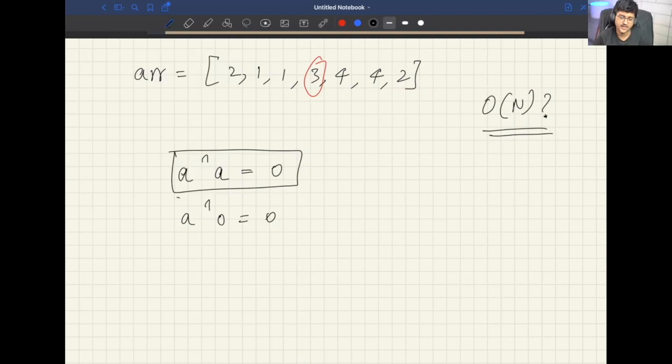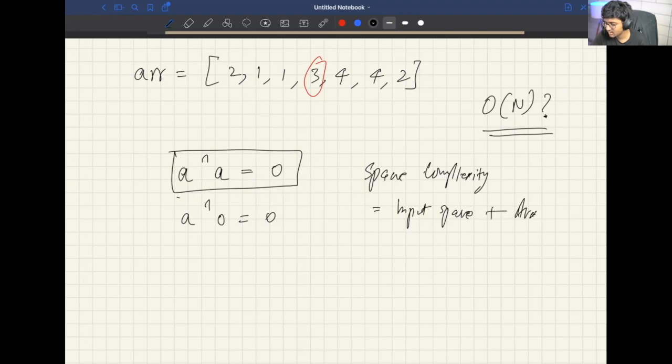Yep, that is correct. And I also see we got a lot of nice solutions for maps and stuff. But yeah, even though hash map is linear, it's using space. So the space complexity is not constant. Actually, if someone asks you in an interview, space complexity is equal to the input space plus auxiliary space.